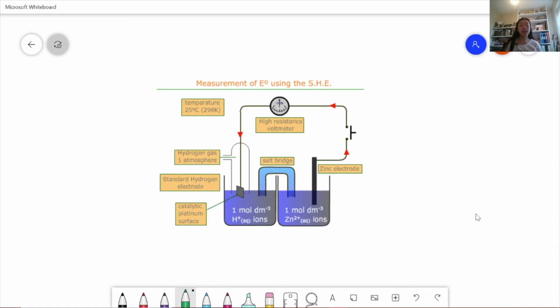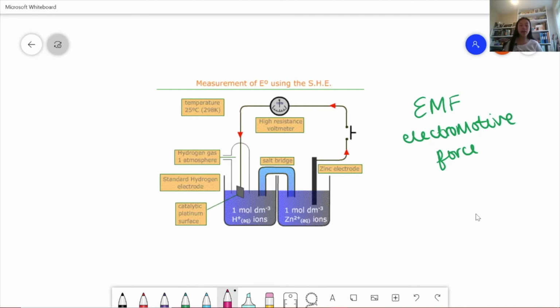And because the standard hydrogen electrode is set at 0 volts, so we've said that it's 0 volts by using it as a standard, that means that when we connect up the voltmeter, the recorded voltage, which is also called the electromotive force, the EMF, that means this value that we get from the voltmeter is actually the electrode potential of the zinc half cell.